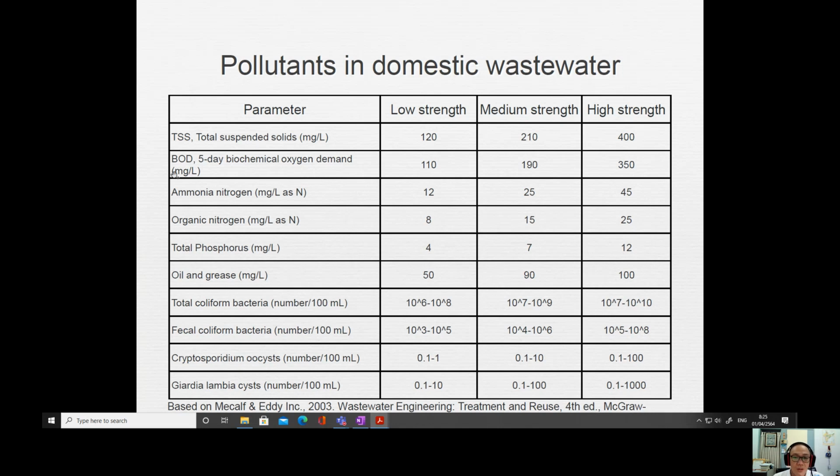So these two are the most common parameters which we described and discussed last week.